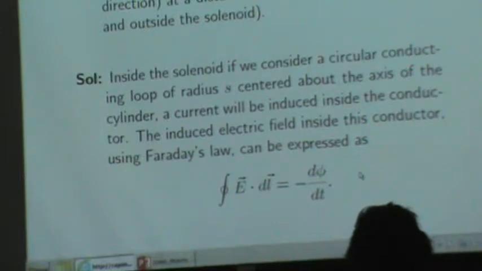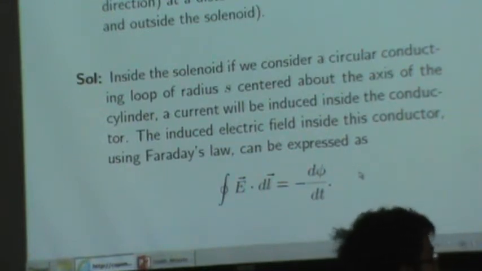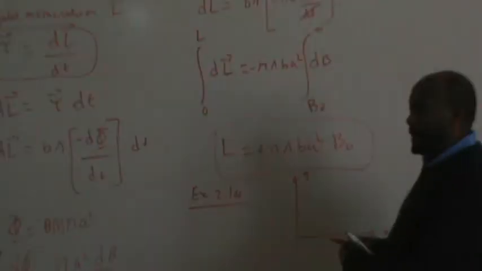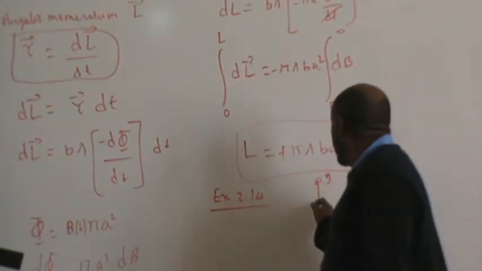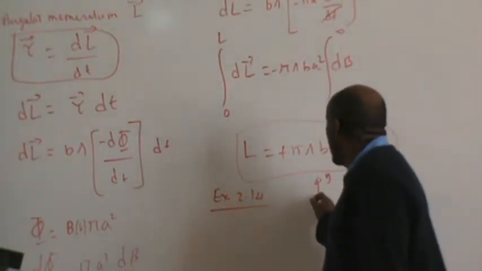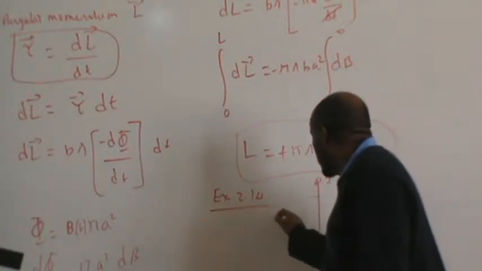So, example 7.4. I will just use a two-dimensional view, x, y, and imagine that the z-axis is pointing towards you. Let's say this is the view of the solenoid.